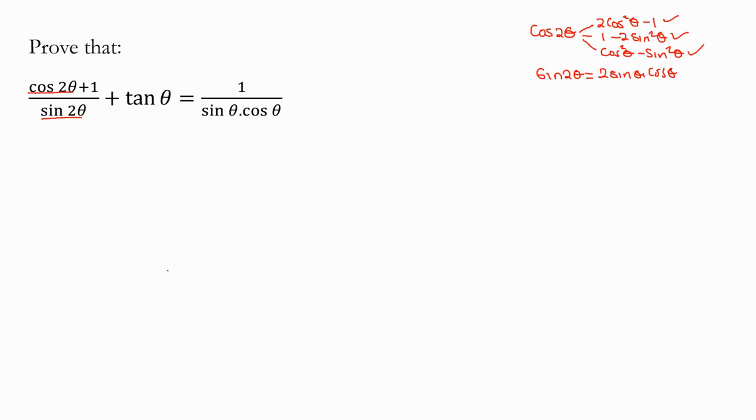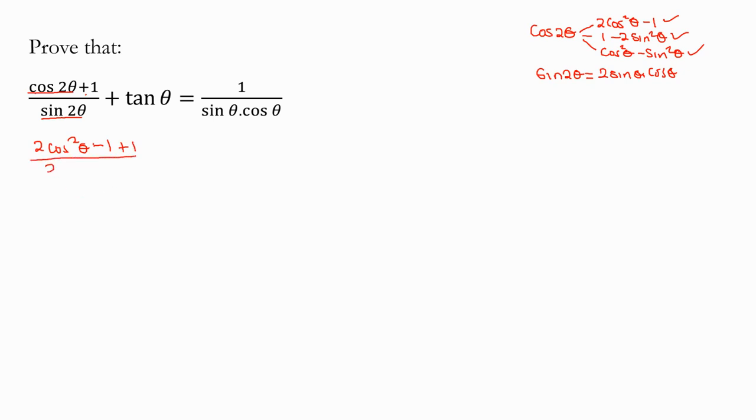Now, let's start. We're going to start with the first one, 2 cos squared theta minus 1. So now it means where there's cos 2 theta, we put 2 cos squared theta minus 1. So it's going to be 2 cos squared theta minus 1, and then plus 1. Remember, this one is replacing cos 2 theta. So it's plus 1 over, what is sine 2 theta?